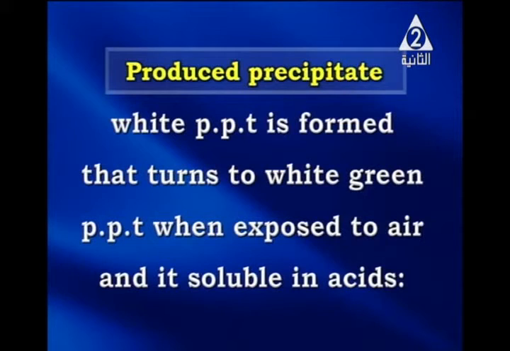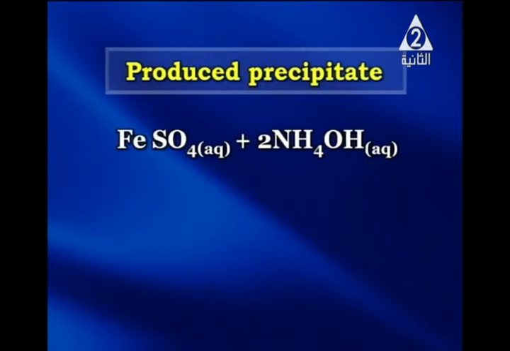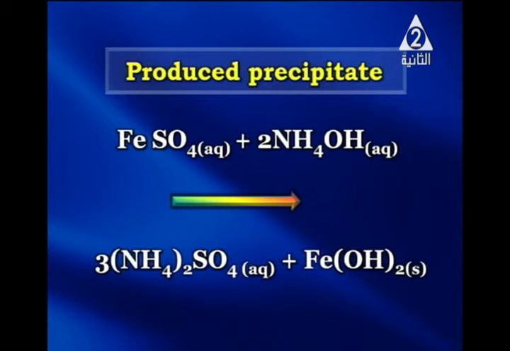This white precipitate turns to white green precipitate when exposed to air, and it is soluble in acids. As the equation appears on the screen, iron 2 sulfate plus ammonium hydroxide gives ammonium sulfate and iron 2 hydroxide, which is a white green precipitate.